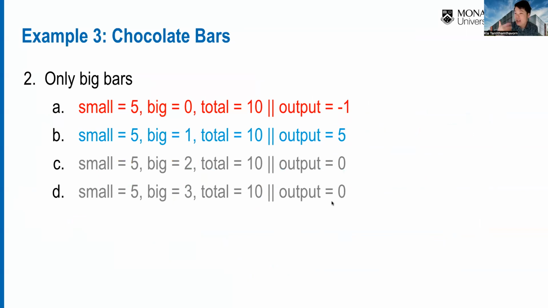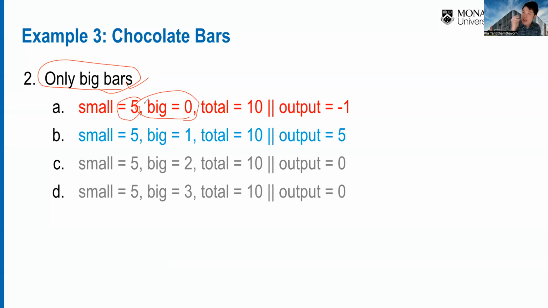Then we need to understand what the boundary is. In this example, because we want to test only big bars, the boundary is whether we have enough big bars or not enough big bars. This is the not enough big bars case, so we cannot make anything. Because we want to test only big bars, the small bar count should be 0.